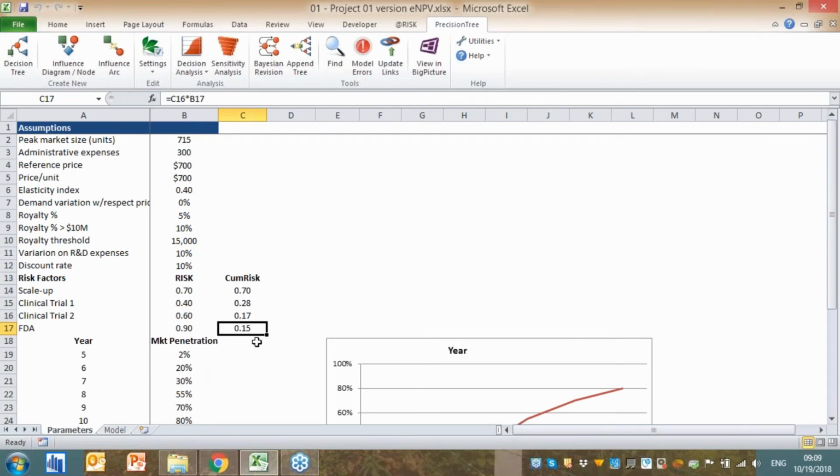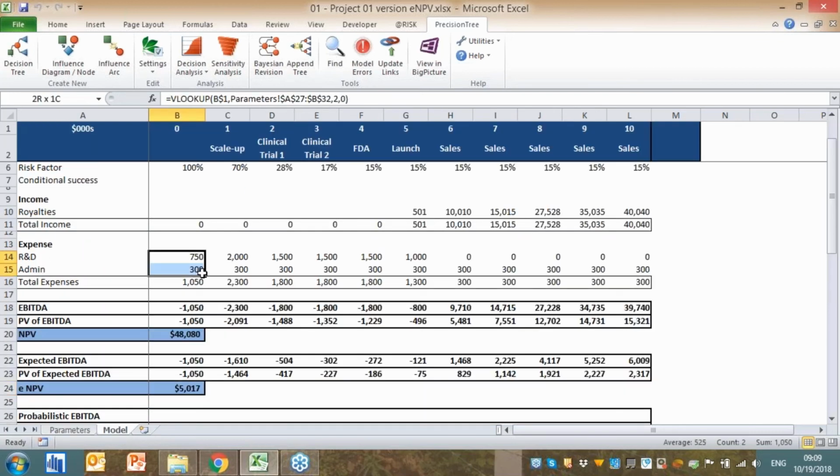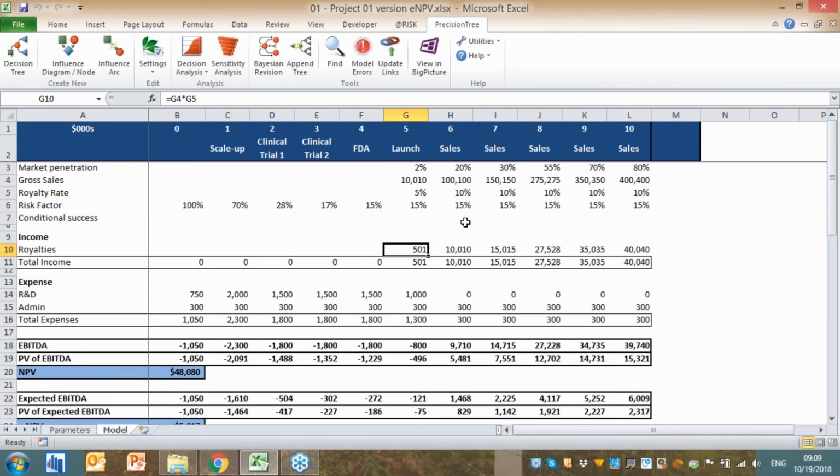As a matter of fact, you lose a lot of money out of spending money on R&D and admin expenses along the pathway of any one of these years, all the way up to the point at which you're successful or relatively successful up to that stage. You want to make it to year 5 successfully. If you make it up to year 5, then you'll be able to be better off and eventually launch these sales starting on that year.